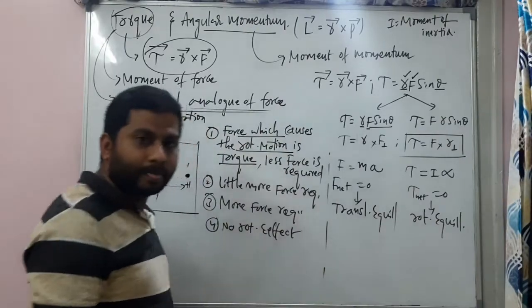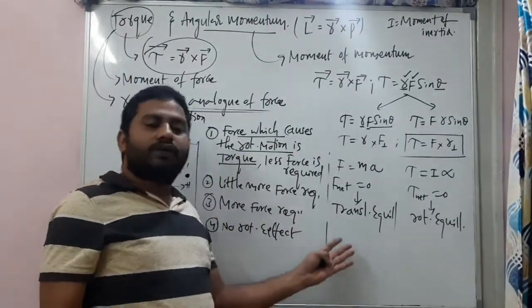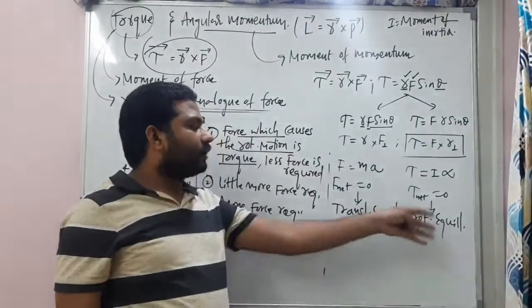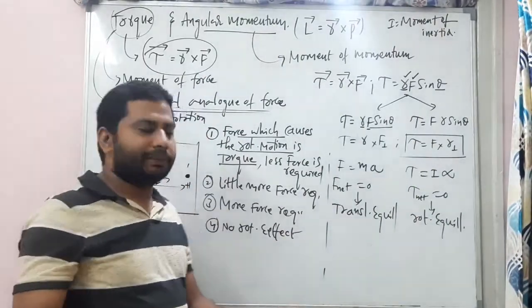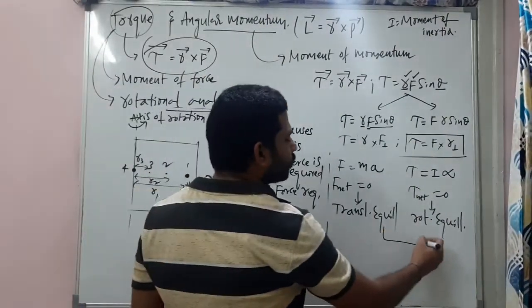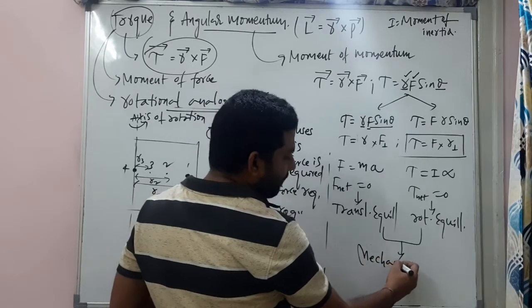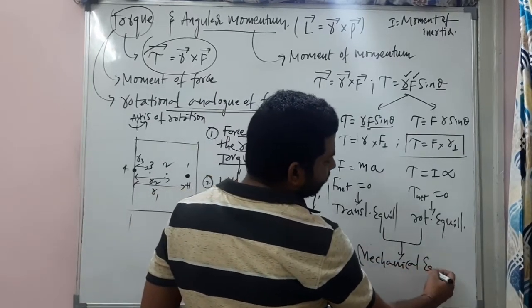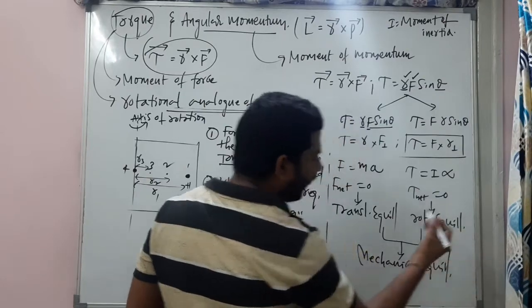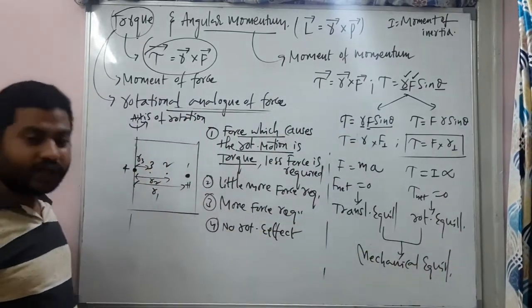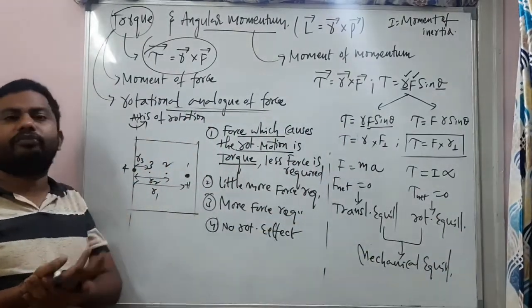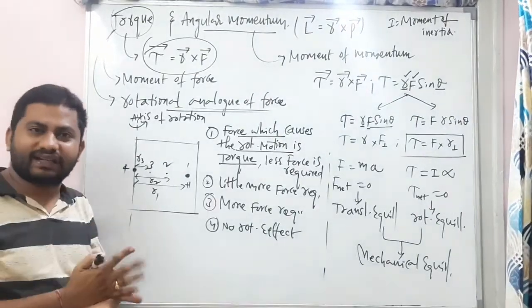Observe carefully. The body can be in translational equilibrium or in rotational equilibrium. These two things together, we can say the body is in mechanical equilibrium. This is also true. Each and every point is very important from now on.